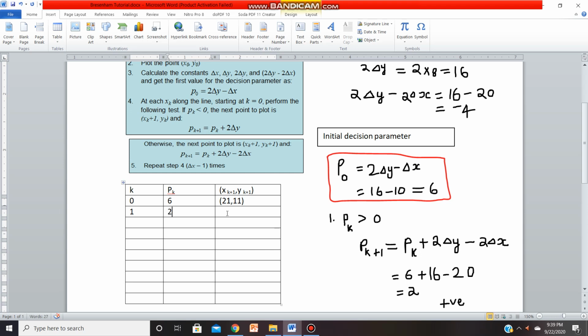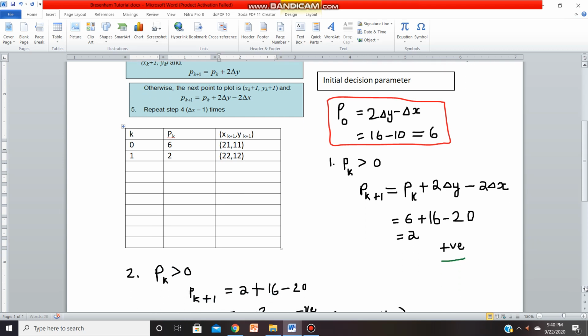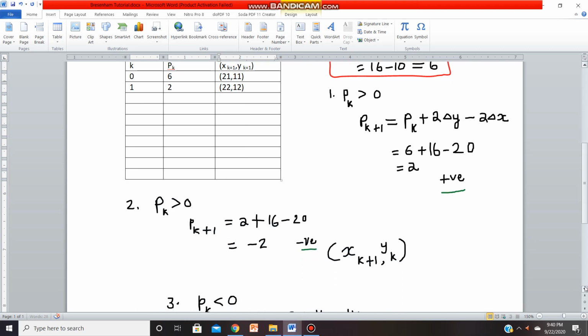When Pk is a positive value, the next pixel to plot is xk plus 1, yk plus 1. So after (21, 11), next will be (22, 12). We can see that the k equal to 1 value is also positive. So now we will choose k equal to 2.